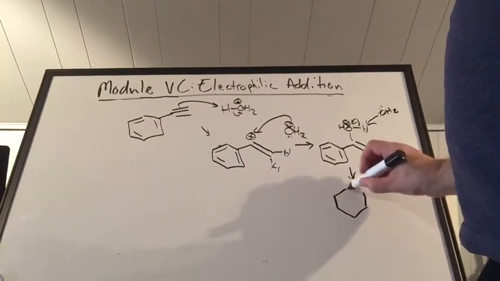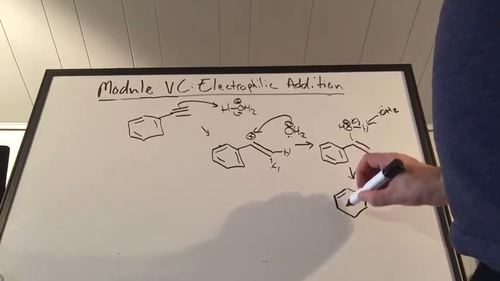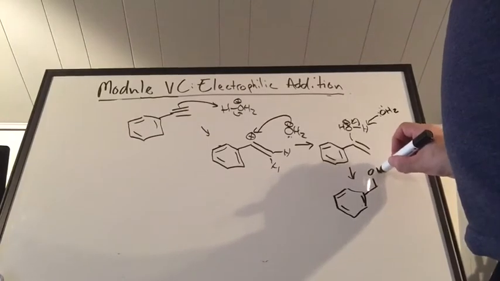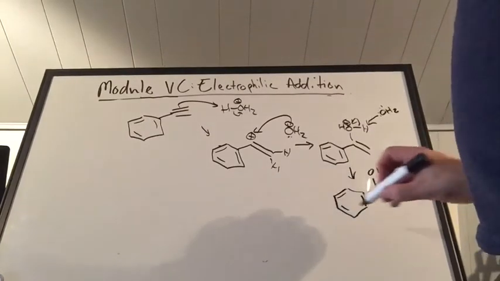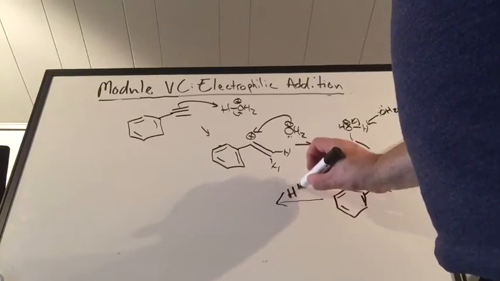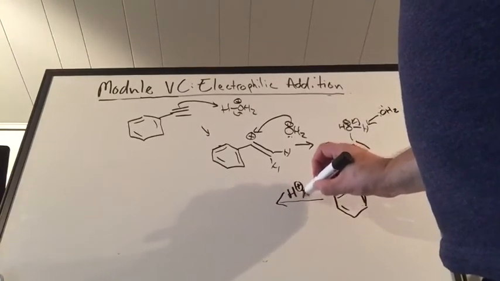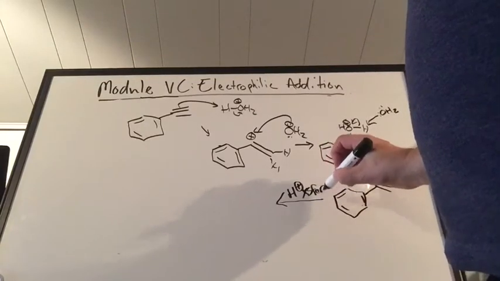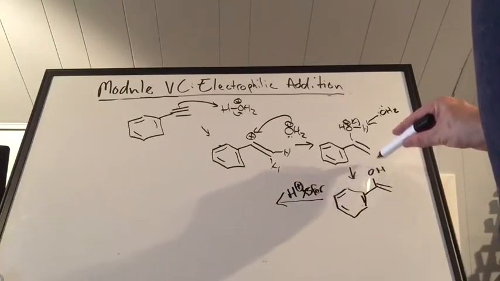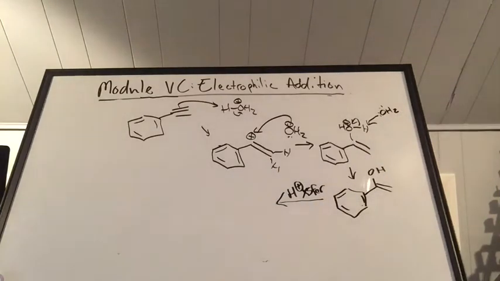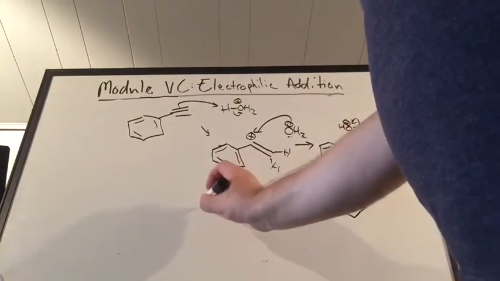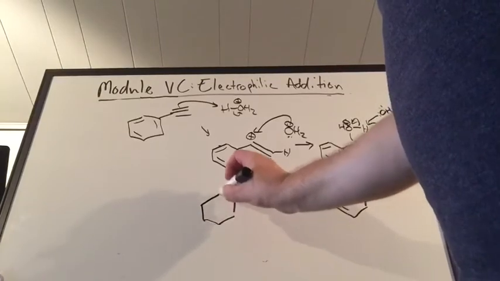So it's going to form an enol. Then it's going to revert to a more stable form, so we're going to say proton transfer. So, in other words, this hydrogen is going to get removed and get replaced over here to where you're going to have a more stable ketone form.